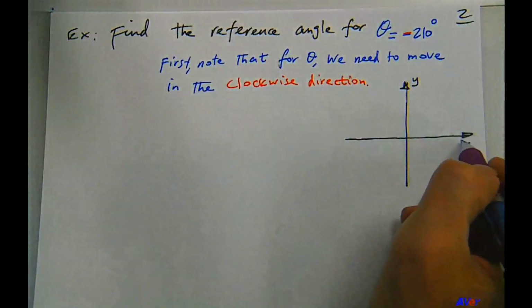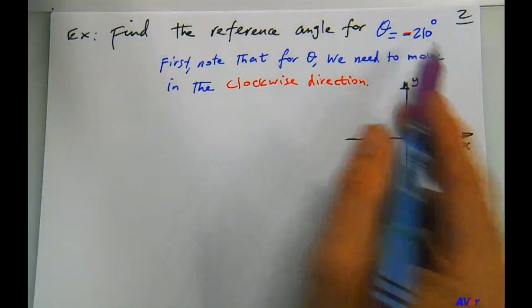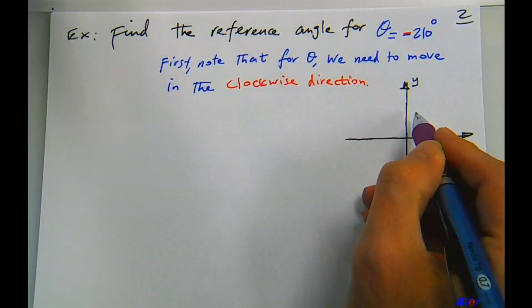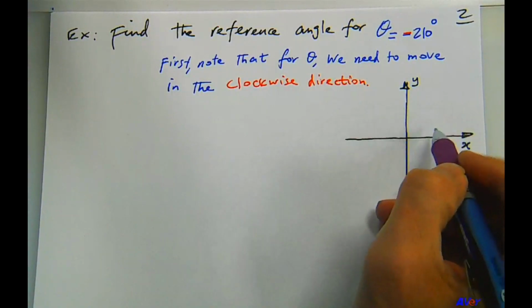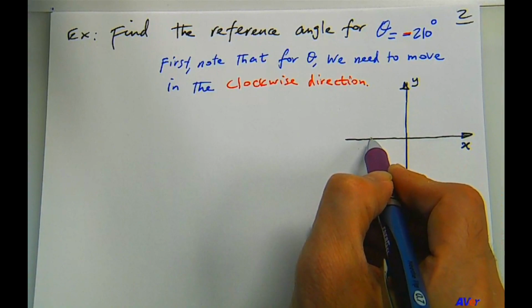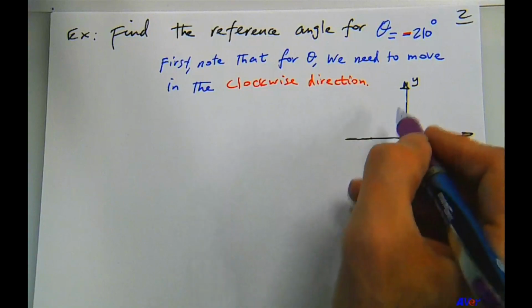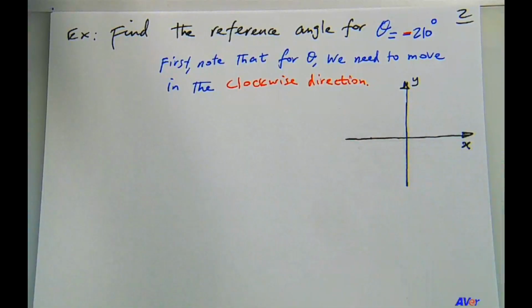So we start with the positive x-axis side, and this is minus 210. So we're going this way, clockwise, and up to this point is minus 180 degrees, or minus pi, and then add another 30 degrees in that direction, so we end up somewhere here.